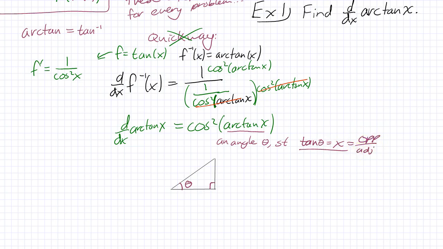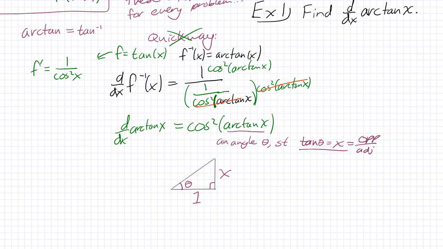So this triangle needs to have its sides labeled in some way that makes it come out to be x. One way to make that work is x over 1. You could also do 3x divided by 3, which would also work, but let's keep it simple and do x over 1 to make it so tangent of this angle becomes x.